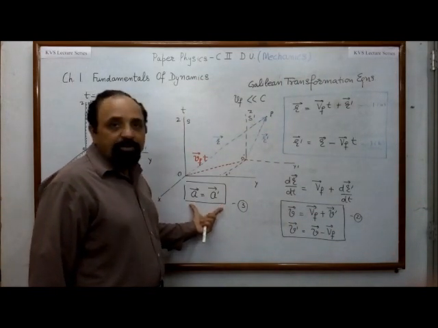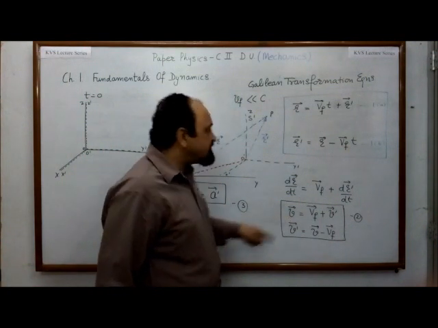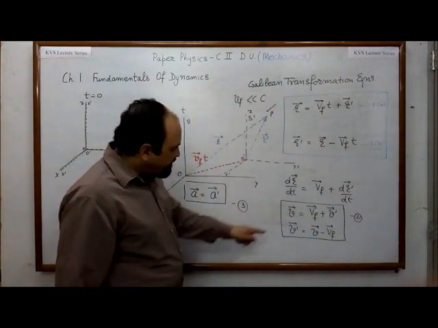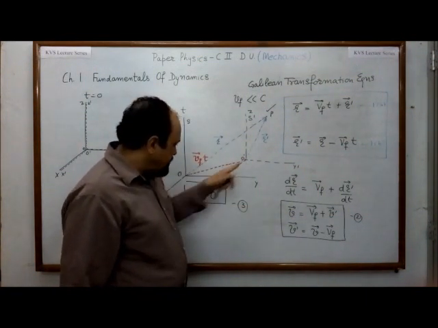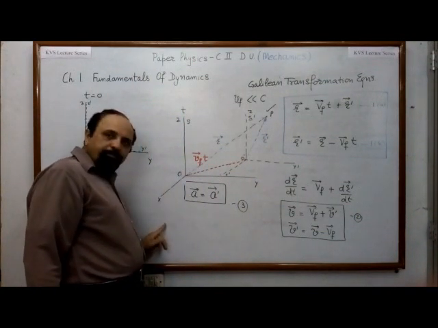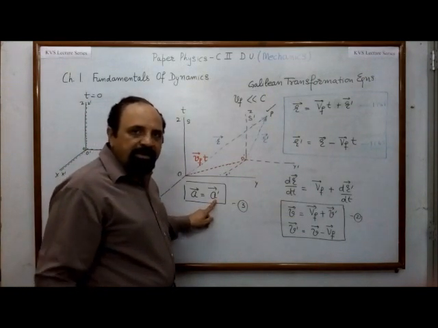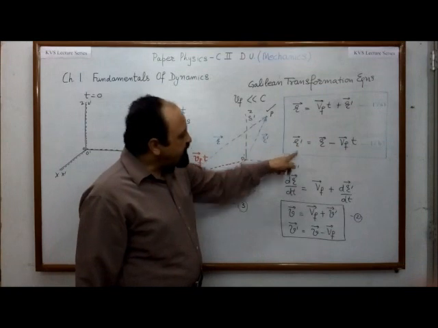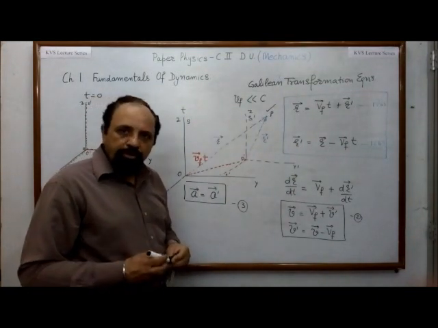Here it's very important to understand, when I say V, V is the velocity of this particle, whereas Vf is the velocity of the frame, A is the acceleration of the particle in S frame, A' is the acceleration of the particle in S' frame. So collectively, these three equations are known as Galilean transformation equations.